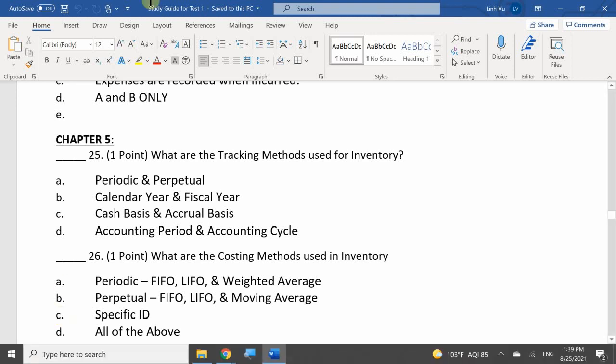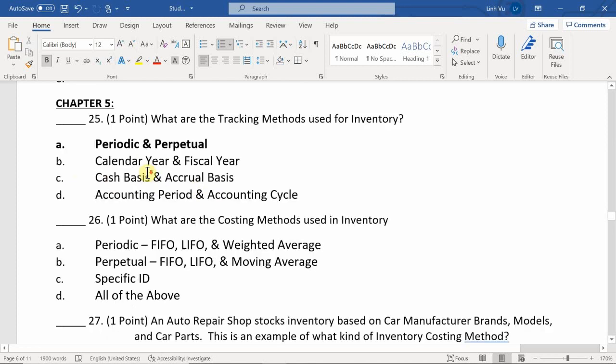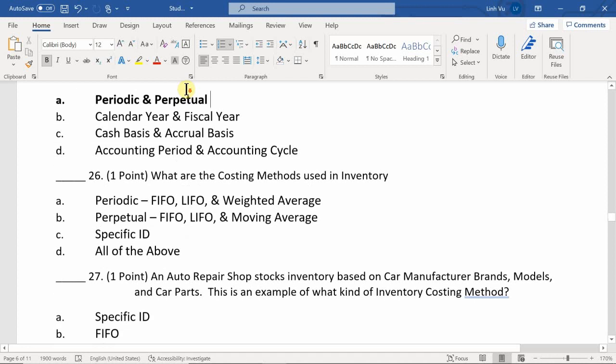You would keep track of it either periodically or perpetually, meaning every once in a while or all the time, constantly. In chapters 5 and 6, we're going to be focusing primarily on periodic. After the exam, we'll dive into understanding perpetual inventory.